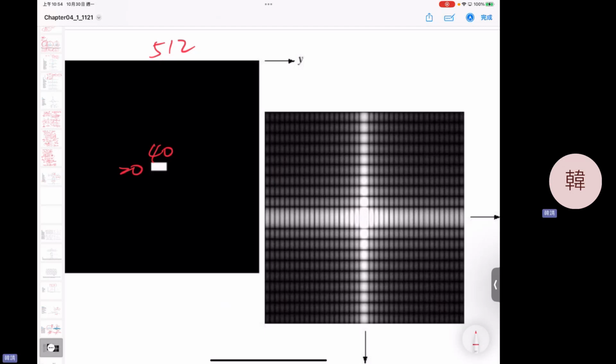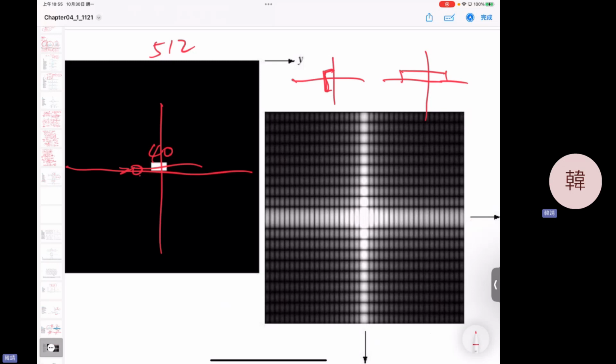Inverse relationship. When the width of the rectangle in the spatial domain is wider, in the frequency domain it should be narrower. If you take the vertical profile, it is a small rectangle, and in the x direction it is a wider rectangle.